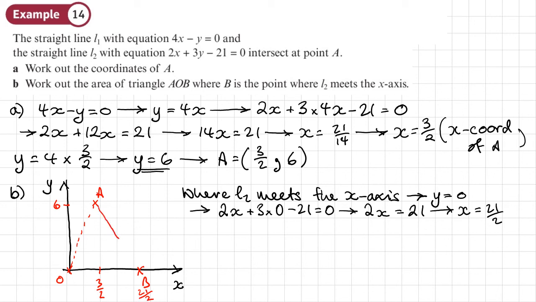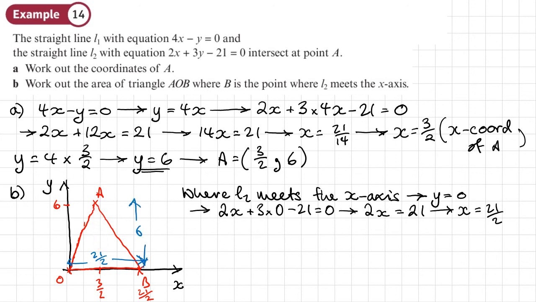So we've got a triangle like this. Now we know the base and we know the height. The base of this triangle is going to be the length from 0 to 21 over 2. So the length of the base is just 21 over 2. The height of the triangle, perpendicular to the base, distance from the base, which is 6.